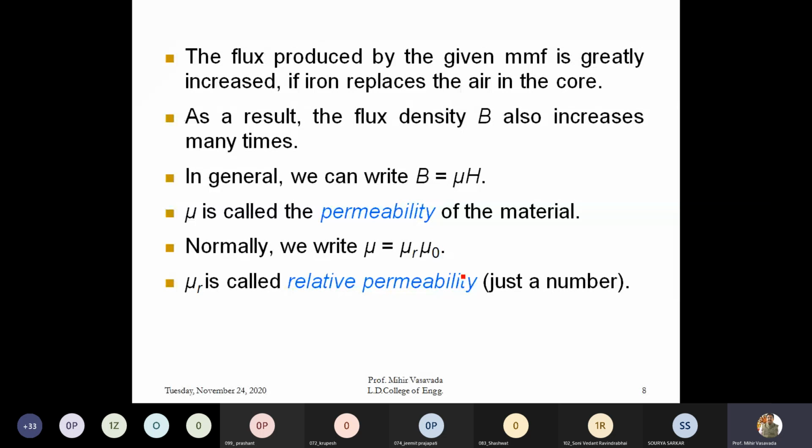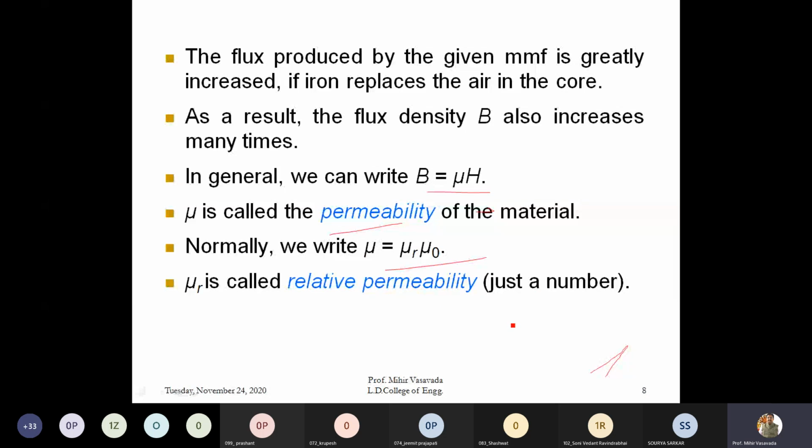If you use iron, its permeability is high compared to air, so B will increase. As I have written in the previous slide, this is the equation B equal to mu H, where mu is the permeability and mu equal to mu0 into mu R. Mu R is the relative permeability, the ratio of mu upon mu0, so it is a number without any unit.